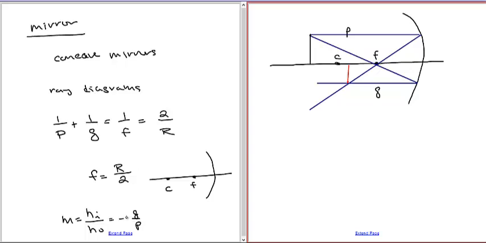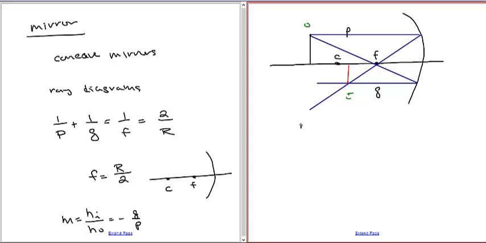So if p and q are positive, which is this scenario, then you get a ratio. And if p is bigger than q, then the image, make sure you put an I for image, O for object, the image is going to be smaller than the object because q is less than p. The negative means it's inverted.